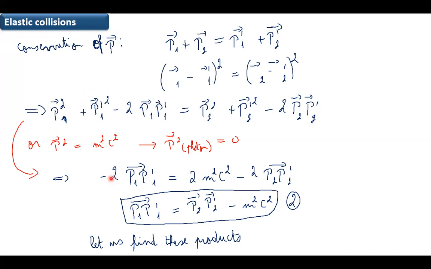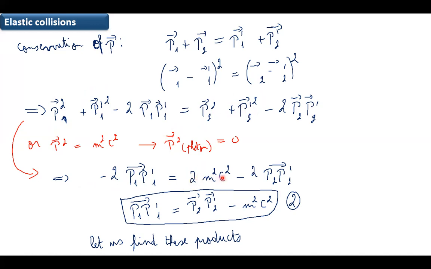The equation becomes minus 2 p1 p prime 1, that is equal to p2 squared for an electron before or after collision. It's the same. P squared is always the same. So it's m squared c squared plus m squared c squared because it's the same electron.